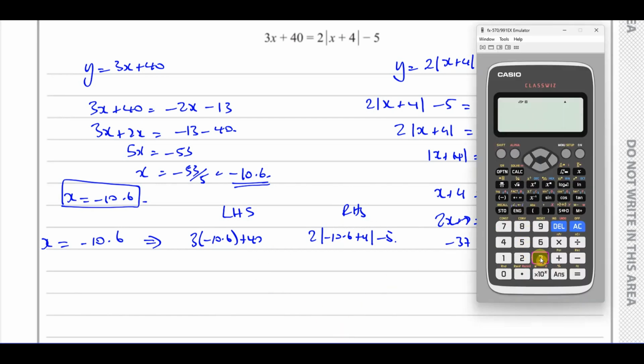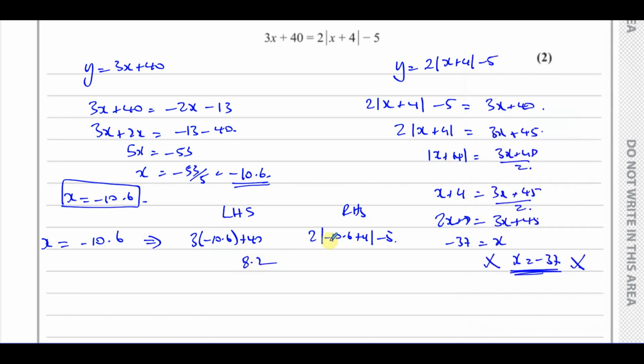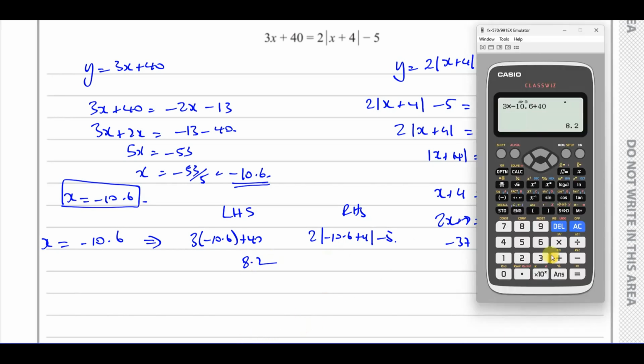So 3 times negative 10.6 plus 40 gives me 41 over 5, which is 8.2.